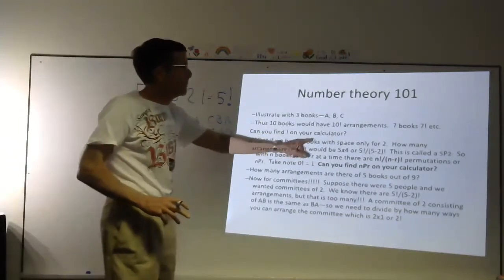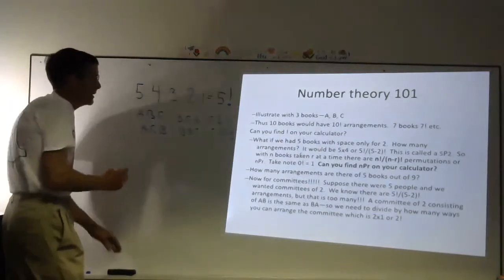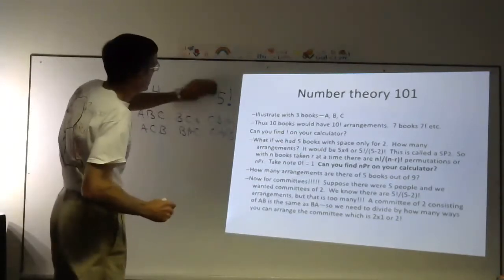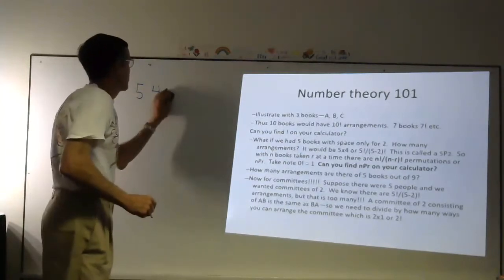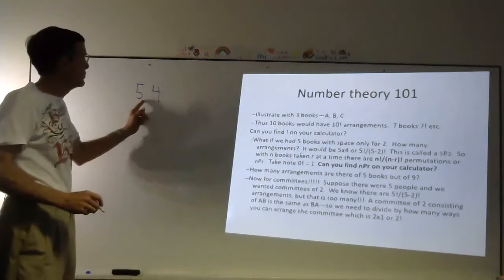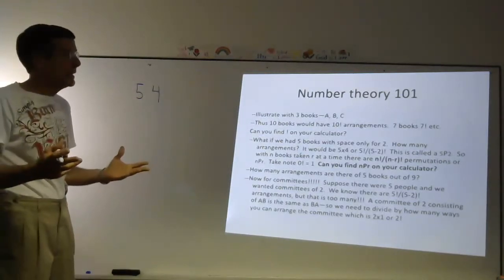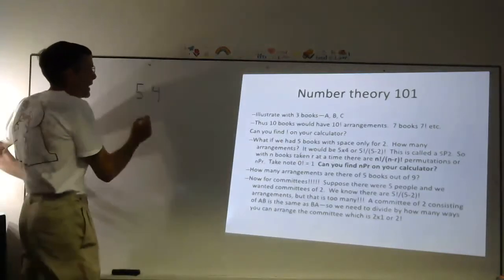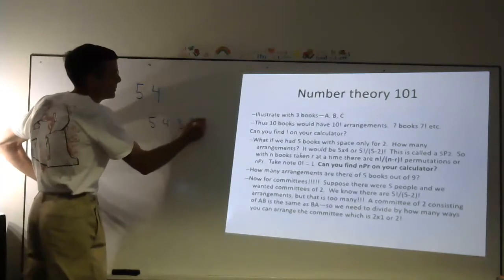Suppose you had 5 books and you had space for only 2. All right, now one way to do it is 5 times 4, okay? Another way of looking at it is 5 factorial is 5 times 4 times 3 times 2 times 1.